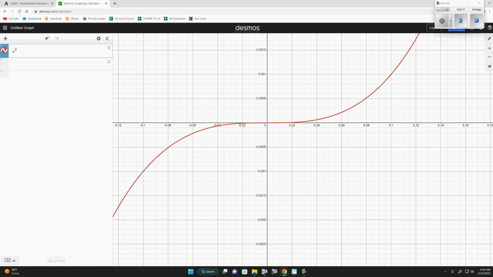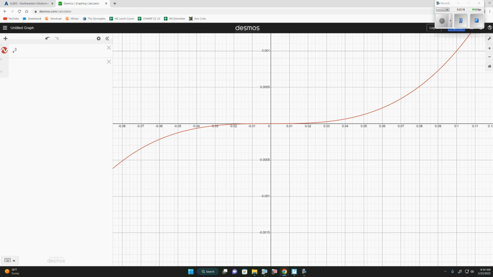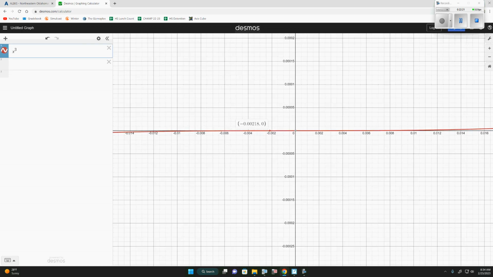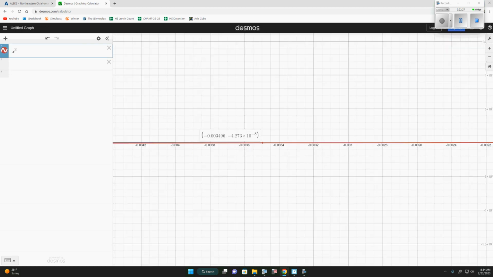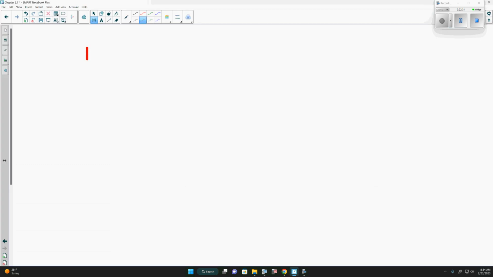So for this here, it is increasing. Because at this point, it's such a small amount of increase, it looks like 0. But it is increasing on the interval of negative infinity to infinity. It doesn't decrease and it doesn't remain constant. So there are some functions that can increase across all real numbers.